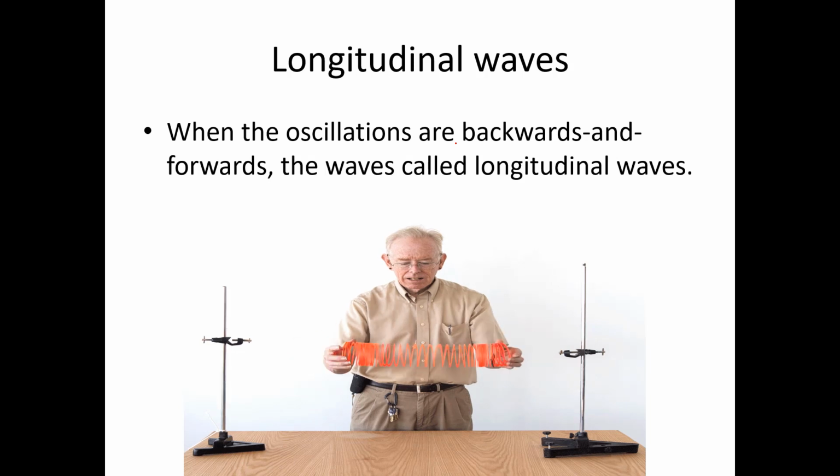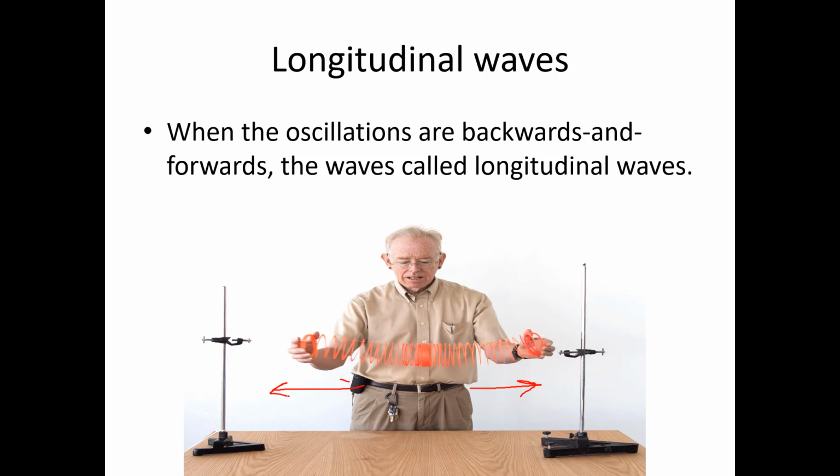Then the second type of waves, which is longitudinal waves. Look at the picture. See, here what is happening, the oscillations are not going up and down, but they are going forward, backward. Look at his hands. It's just moving in this direction, and then this direction.